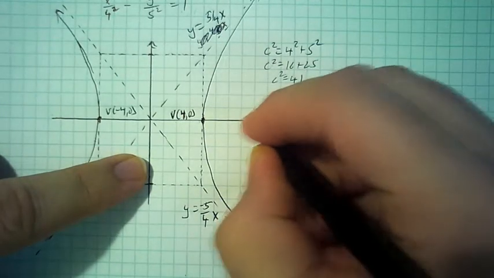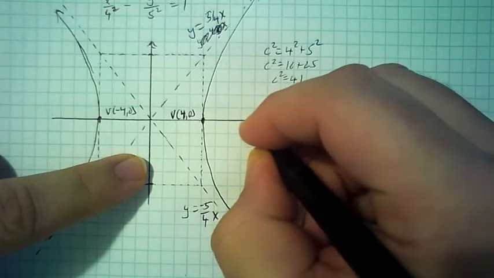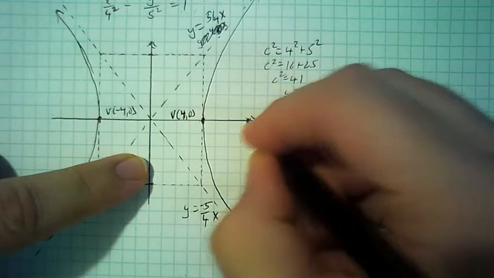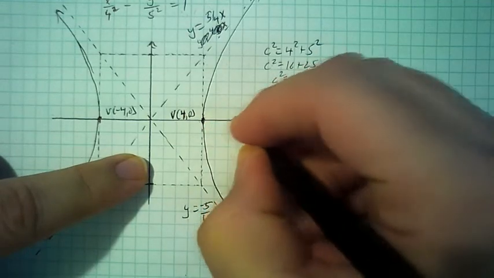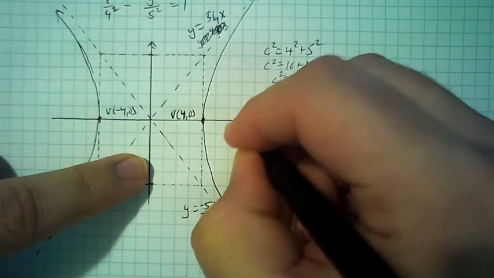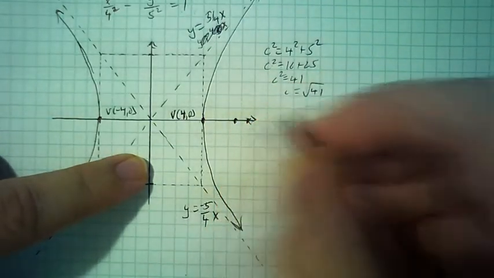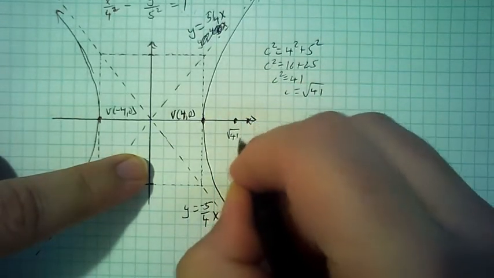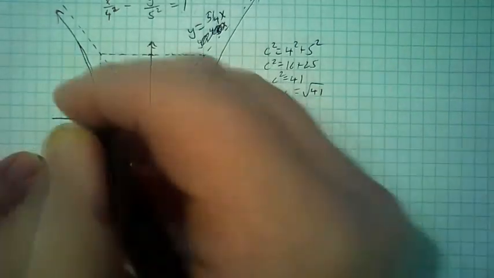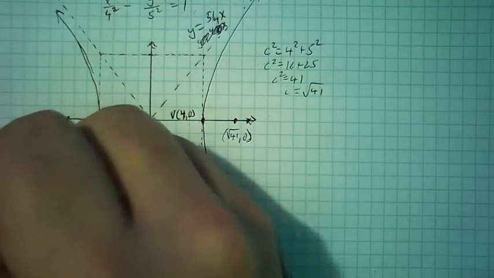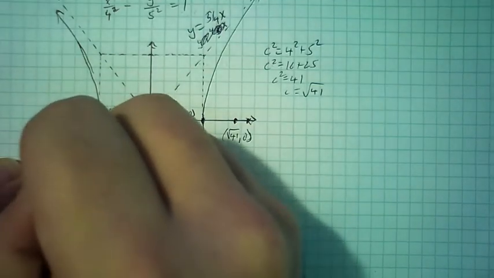Somewhere between 6 and 7, because 6 squared would be 36, 7 squared is 49. We're somewhere in between. Square root of 41, 0. And 4, 5, 6 and a half. Negative square root of 41, 0.